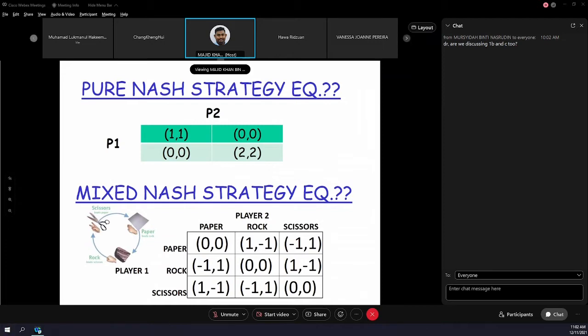And which one will be chosen? So that will be one of the issues when you only look at a matrix game. Another problem that will arise is when you have a mixed Nash strategy equilibrium. If you still remember, I hope you still play this game, Paper, Rock, and Scissors. When you're playing Paper, Rock, and Scissors, usually you will get a zero-sum game. And if you look here, you will also have the mixed strategy because you cannot find a pure strategy in this game. So how are we going to solve games with more than 3 players?